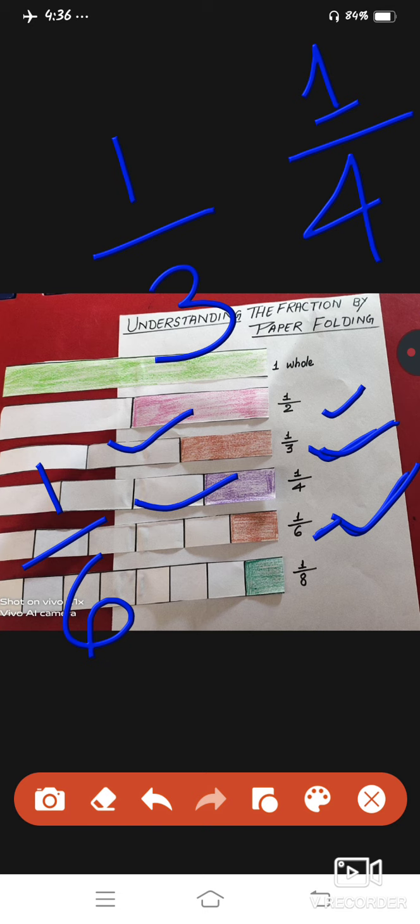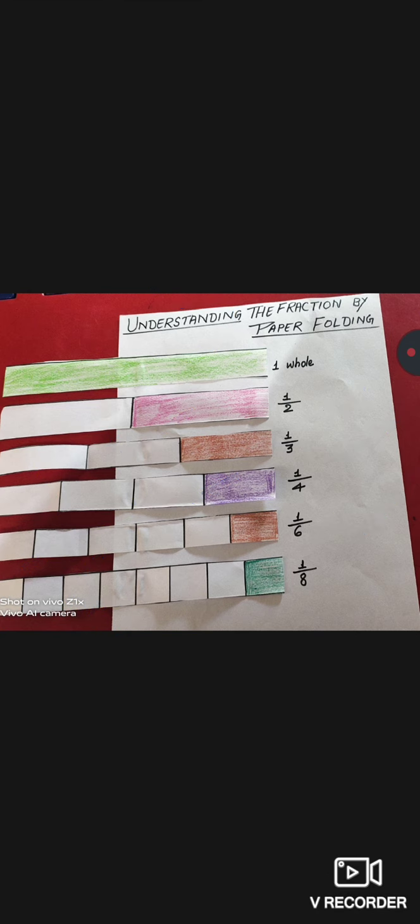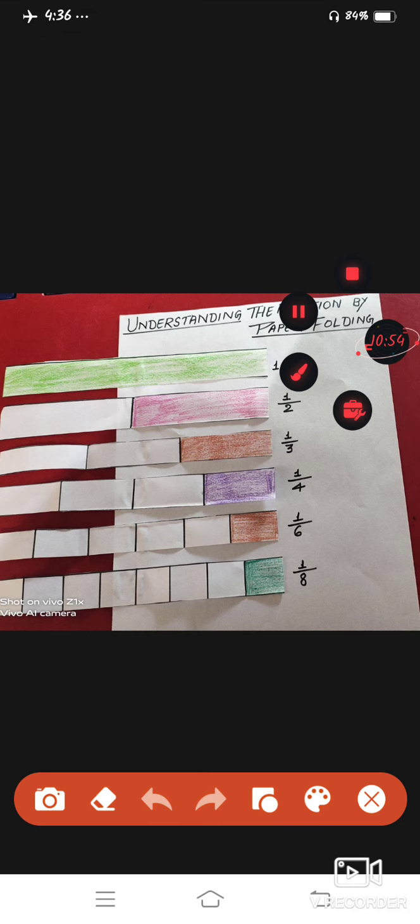Now let's move on to the next one. Now we are going to divide the paper into 8 equal parts.